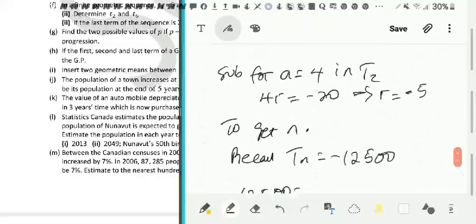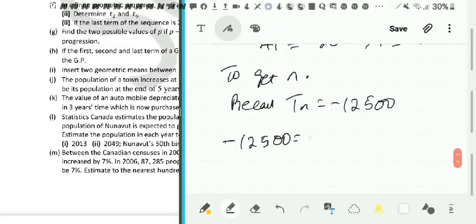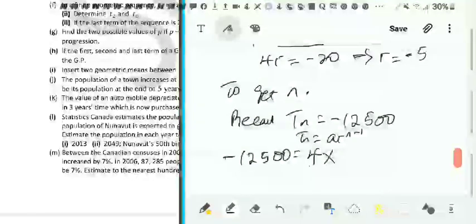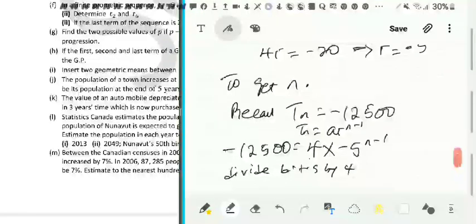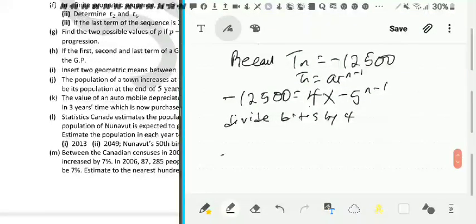A is 4. We're using Tn equals AR to the n minus 1. So this is A. What's our R? Negative 5 raised to the power of n minus 1. Okay, so first thing, I divide both sides by 4. And when I divide both sides by 4, I'll be having negative 3125 equal to negative 5 raised to the power of n minus 1.